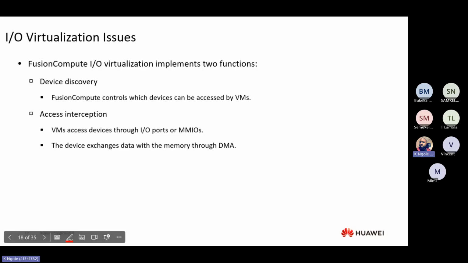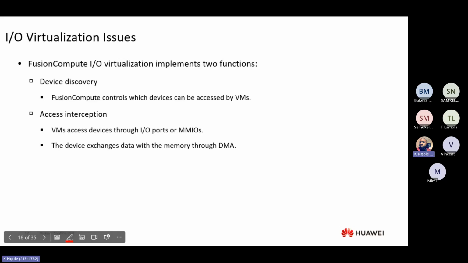So when you have this host, let's say you have a machine with only one NIC card, but you've already created 4 virtual machines from that machine. So 4 virtual machines are using this machine. Now the software, the FusionCompute, will create multiple virtual NIC cards.